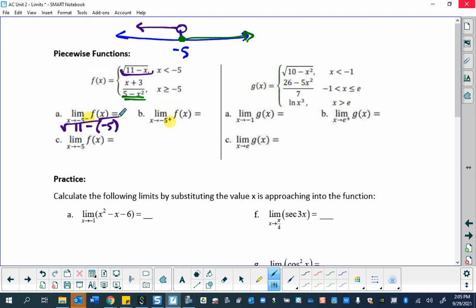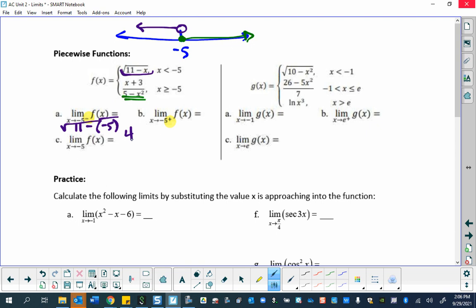So you're going to put that input value in for x in the function. 11 minus negative 5 is 16, the square root of 16 is, so this limit has a value of 4.